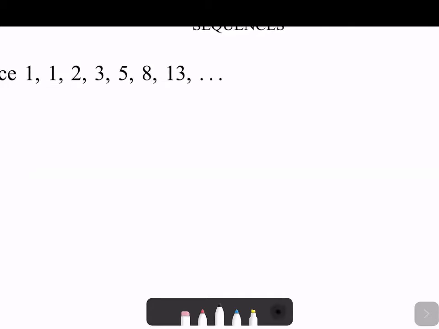To get from 1 to 1, we add nothing. To get from 1 to 2, we add 1. From 2 to 3, we add 1 again. From 3 to 5, we add 2. From 5 to 8, we add 3. From 8 to 13, we add 5.